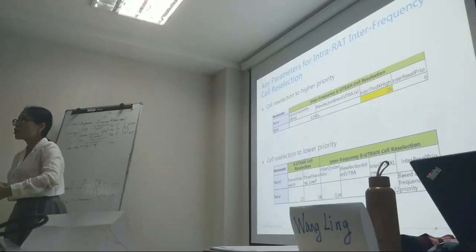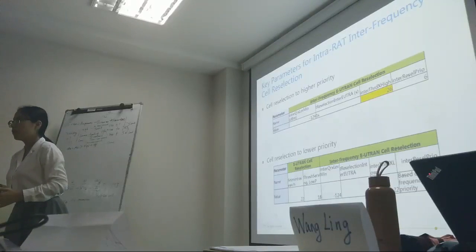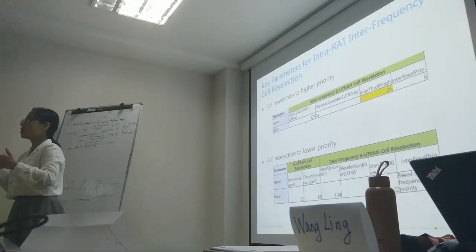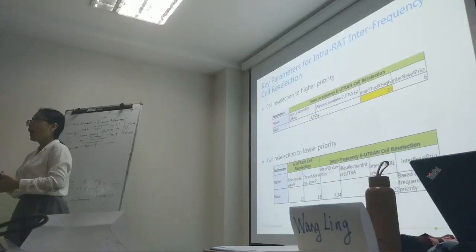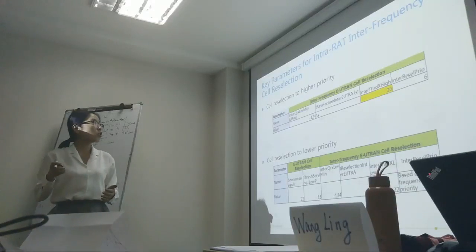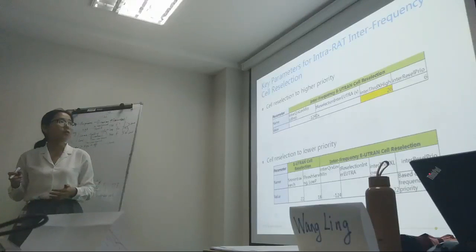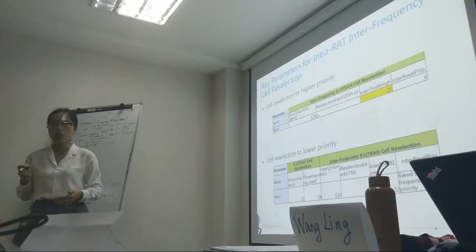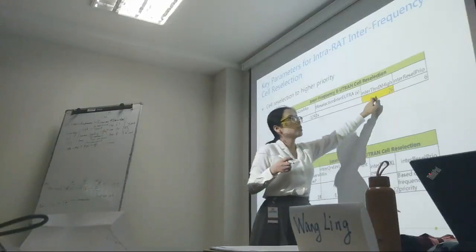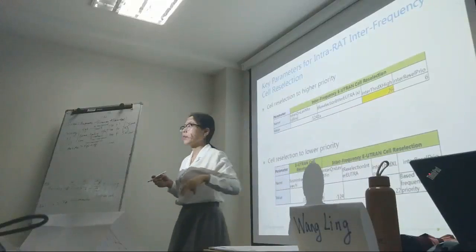So for reselection, the same strategy. If the neighbor cell is greater than one threshold, I will go there. But for all thresholds we use, we use the S value. Here, this value is for the S.